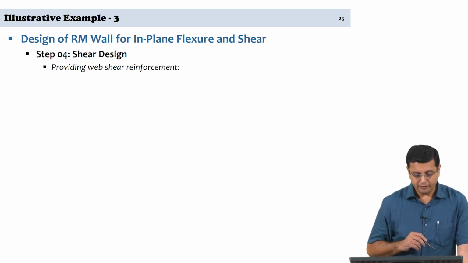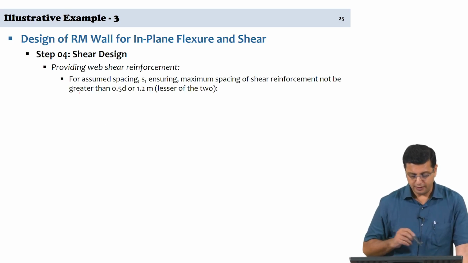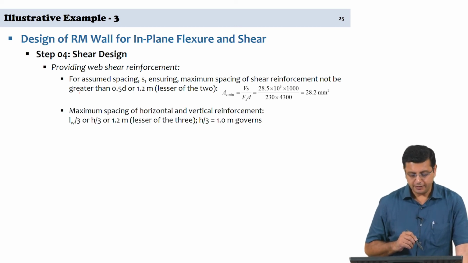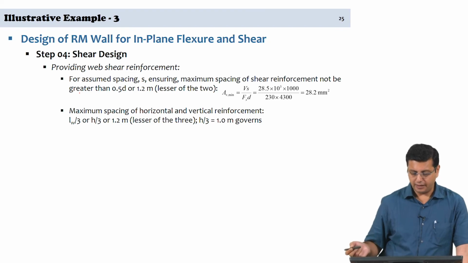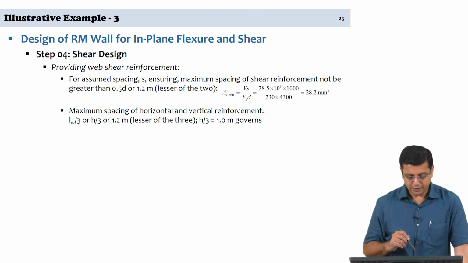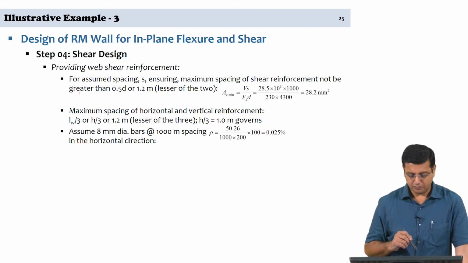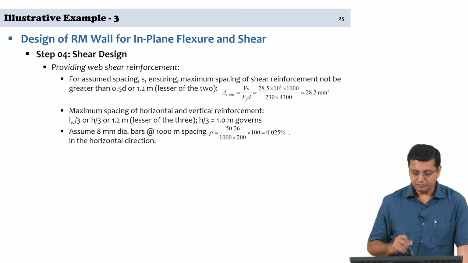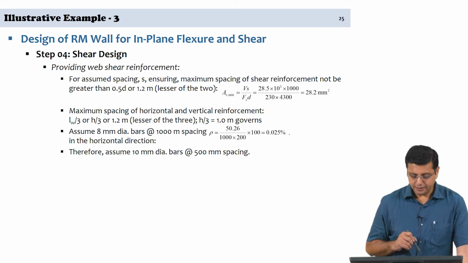So, providing web shear reinforcement, we made the calculation for an assumed spacing of 1 meter. We checked that the 1 meter would not be adequate, and therefore, with the 1 meter spacing we get in the horizontal direction the percentage of steel as 0.025%.